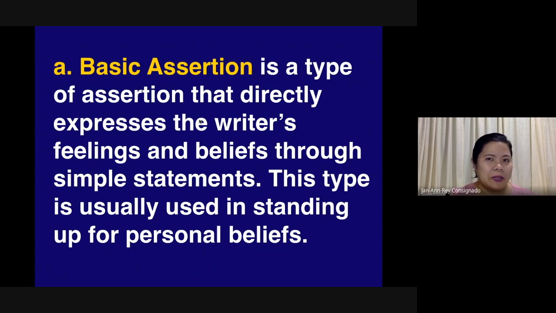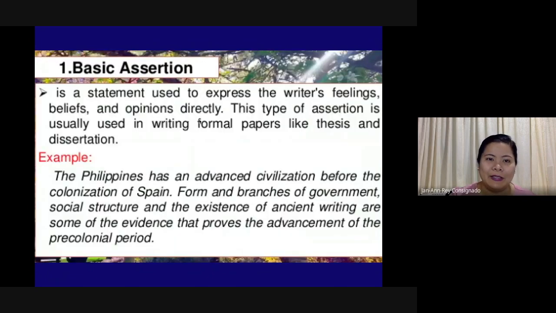When we say basic assertion, this is a type of assertion that directly expresses the writer's feelings and beliefs through simple statements. This type is usually used in standing up for personal beliefs. Again, basic assertion is a statement used to express the writer's feelings, beliefs, and opinions directly.